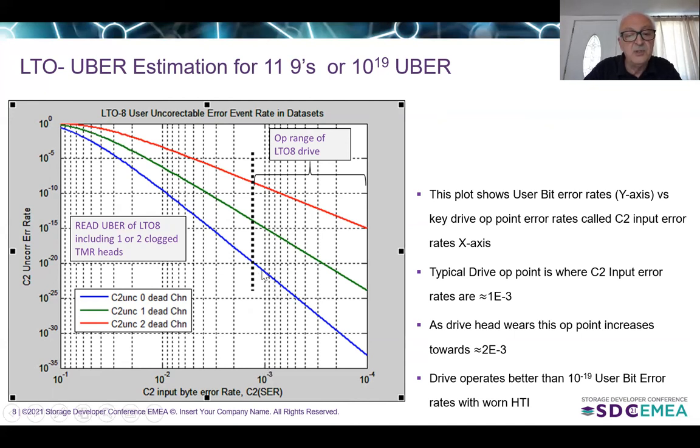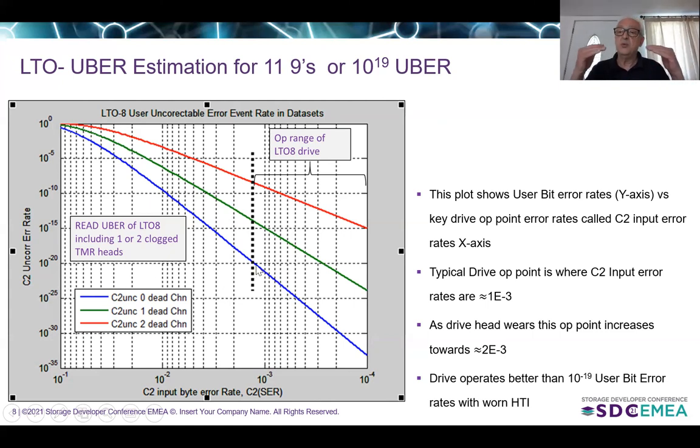So if you go to this point on the blue line with all 32 channels operating, without any worn channels or worn head, that is the specific number. That's a typical drive. That means a typical LTO8 drive will provide you with a better than 10 to the minus 19 user bit error rate.